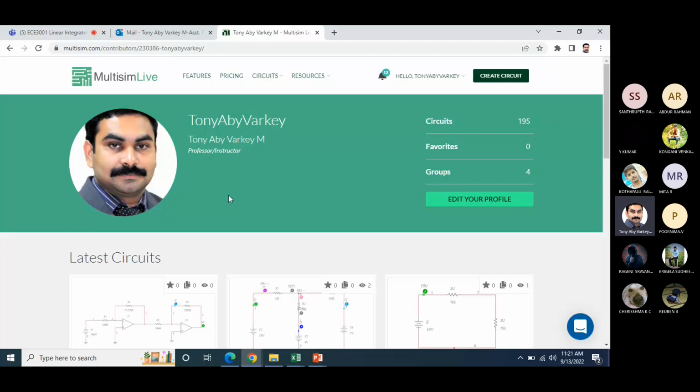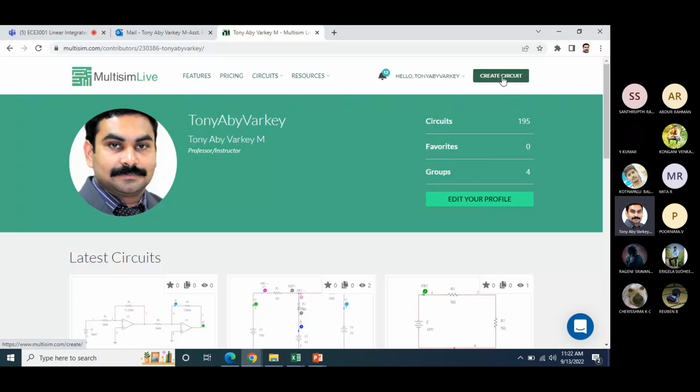Or if you have a laptop, you can open it on the laptop also. Once you get this page, those who have not opened it, please do so.